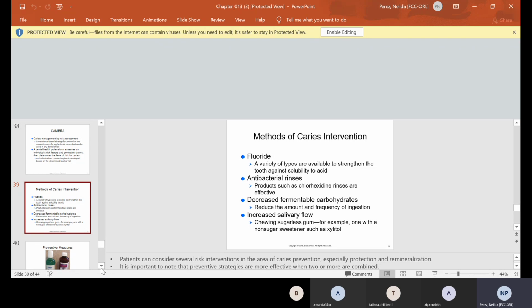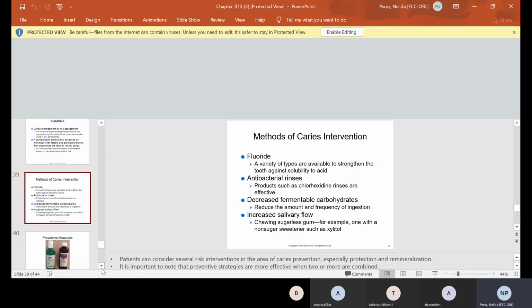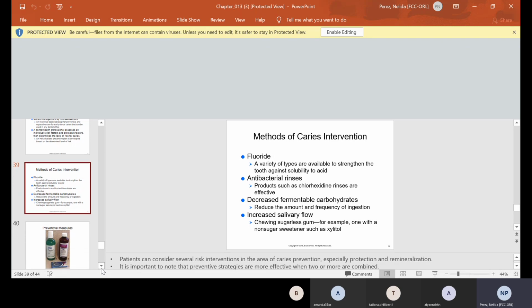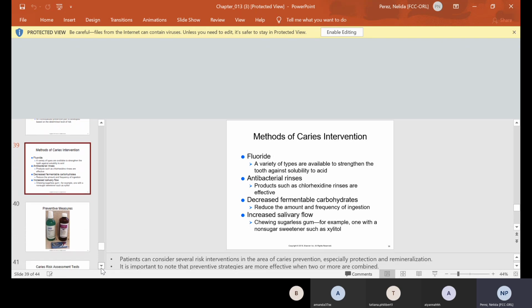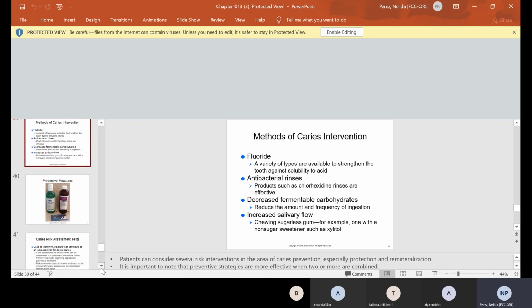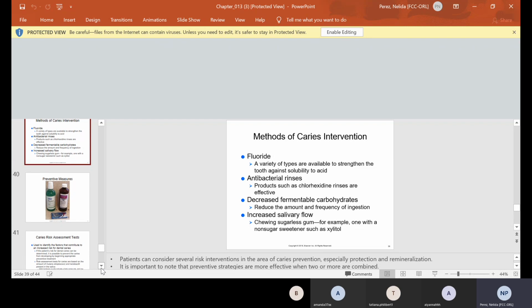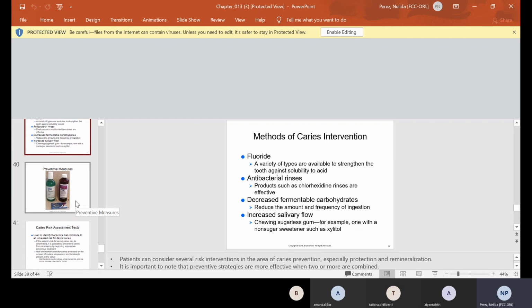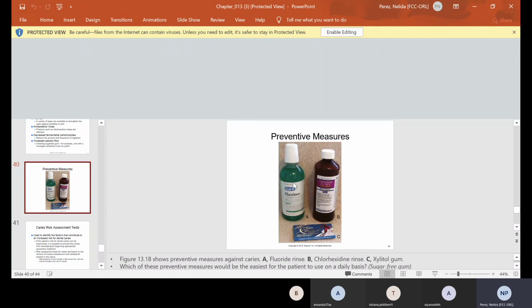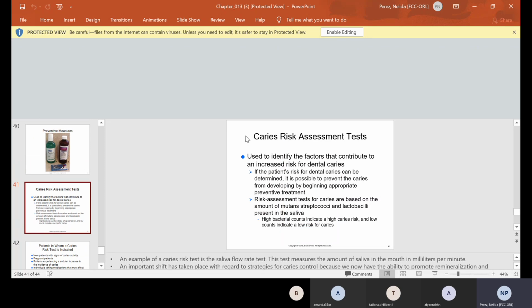Before, you barely saw xylitol, except in gums and maybe in some mouth rinses, but now you will see xylitol on the shelves. You just have to look on the labels and see what it's made out of. Maybe we didn't notice it much before, but now you hear about it even more. So again, these are some of the examples that I mentioned.